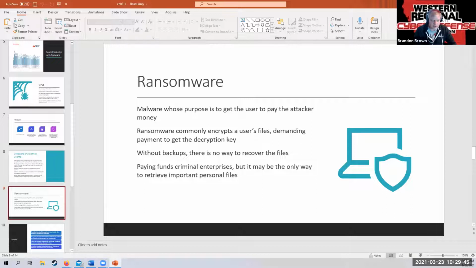Another thing that you have to be aware of with ransomware in its defense is the backup itself. Because a lot of times what ransomware will do is it will look for backup files, especially databases, anything with a .bak extension, and encrypt those too.